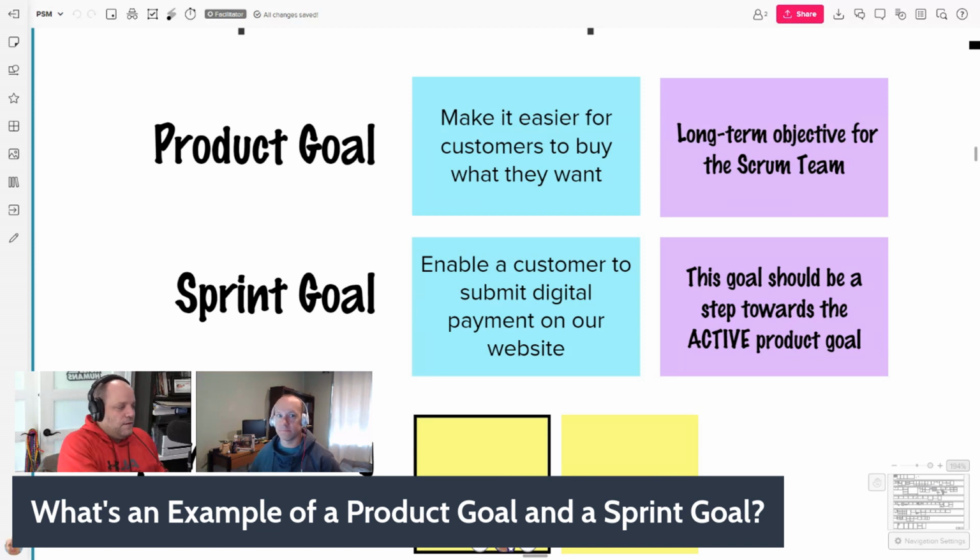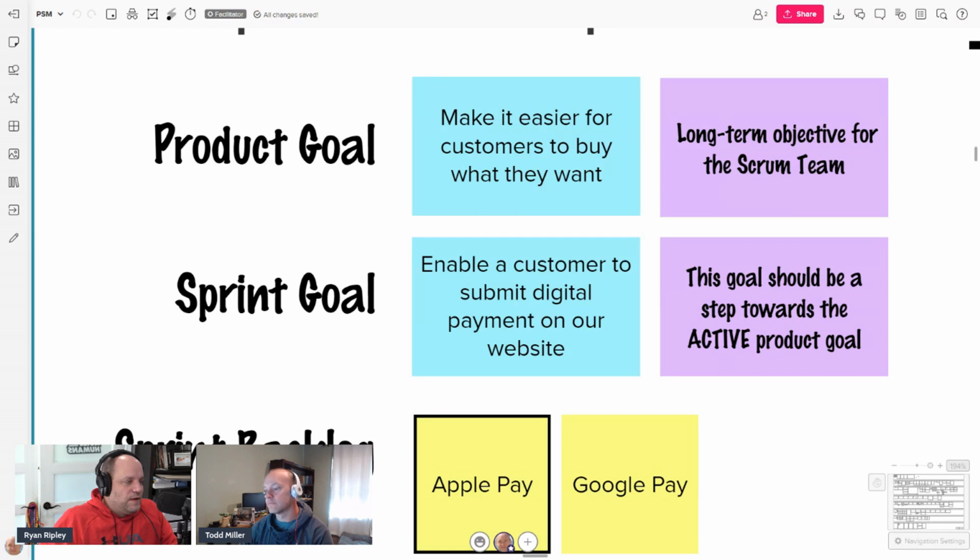So product goals set the big picture, and sprint goals give us something achievable in a sprint that builds up to that big picture. And if you look, I'll move the banner here, there are some ideas in the sprint backlog that helped achieve that. So you've got alignment from the work a Scrum team is doing to a sprint goal and all the way up to a product goal.